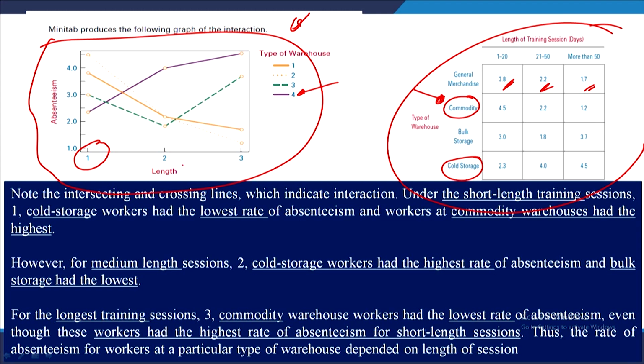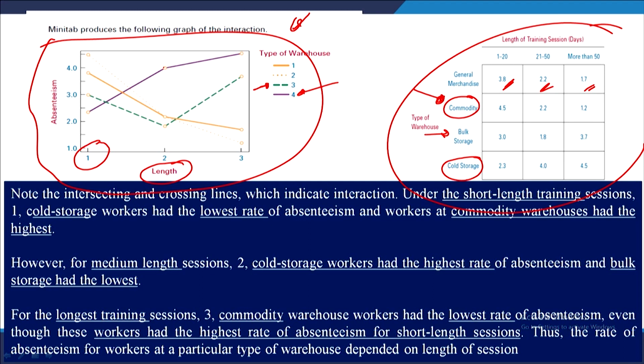But when the training session is of medium duration, then the lowest absenteeism is for this third type of warehouse, right, and this is bulk storage. So, for medium length sessions, which is session number 2, cold storage workers had the highest rate of absenteeism.